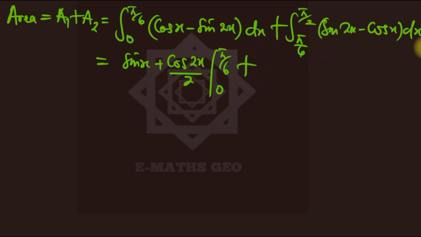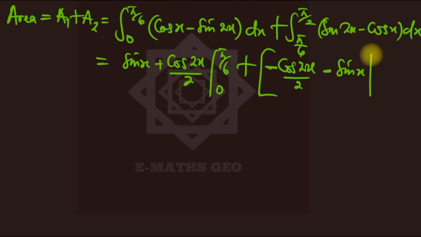We move to the second one. The integral of sine is minus cos, so I have minus cos 2x over 2, minus, the integral of cos is sine, so minus sine, from pi over 6 to pi over 2.